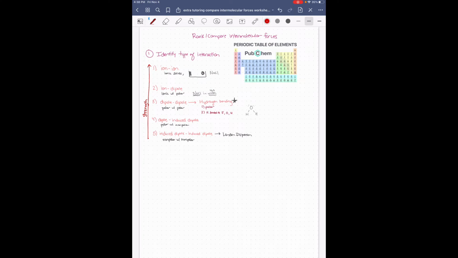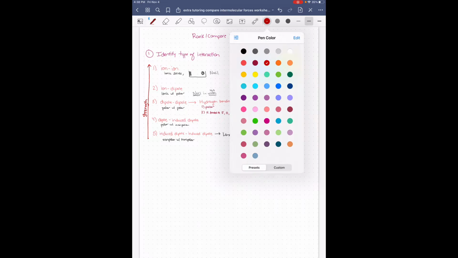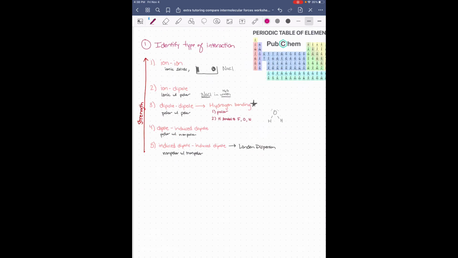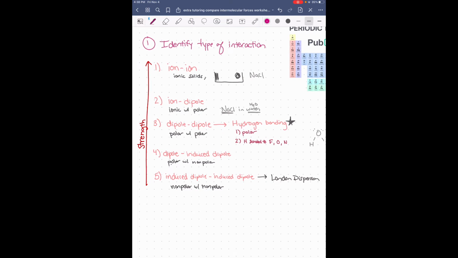But you may ask, okay, Jordan, how do I compare if I have 3 things that are ionic? Good question. What are our 2 things that we look at when comparing ionic? Charge, and then size. Larger charge, stronger. And then smaller size, stronger.